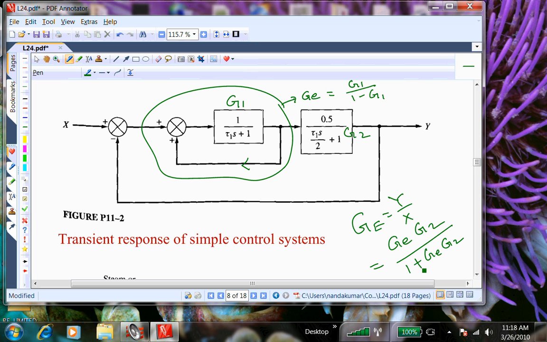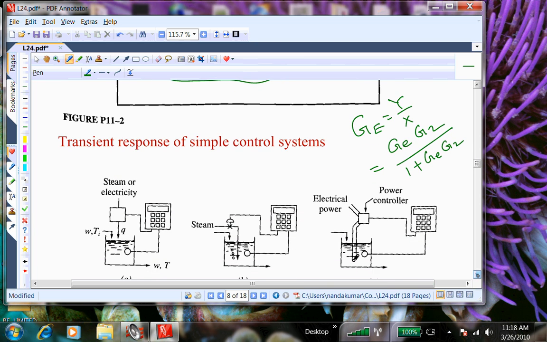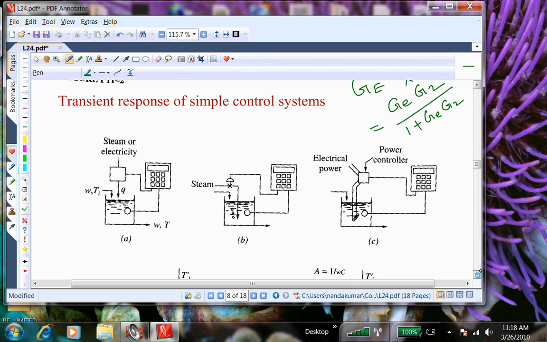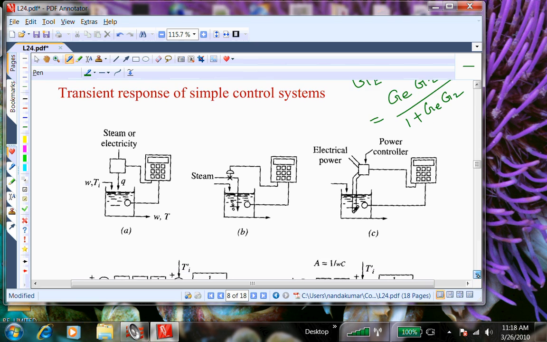Thank you. I think you're getting the idea now. So you can expect one question on this control block simplification, and so use the rule. Okay, I don't expect you to derive anything, but use the rule just to know that can be done.